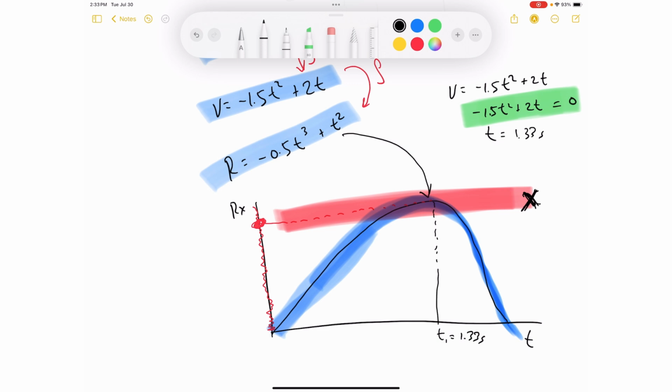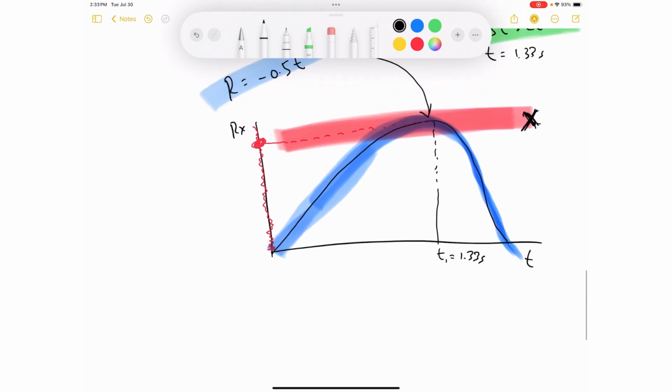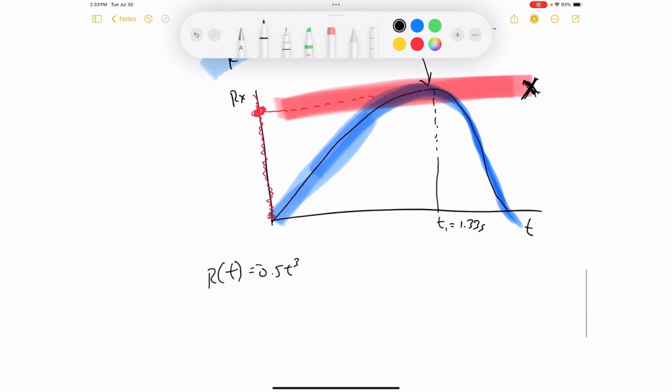Now if you know that, the rest is easy. My function r as a function of time is negative 0.5 t cubed plus t squared, and all I have to do is pop in t. So r at 1.33 seconds is negative 0.5 times 1.33 cubed, yikes, that looks bad, plus 1.33 squared.